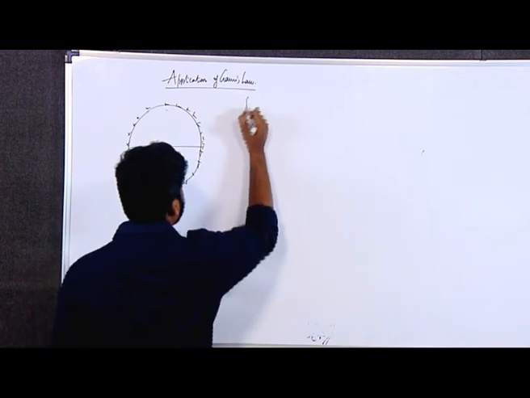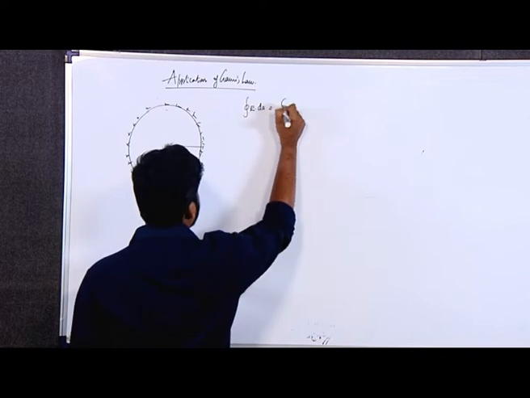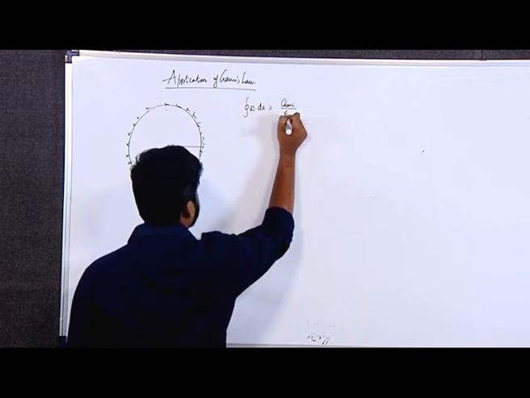Now writing Gauss's law, closed integral E dot dA is equal to Q enclosed by epsilon 0.